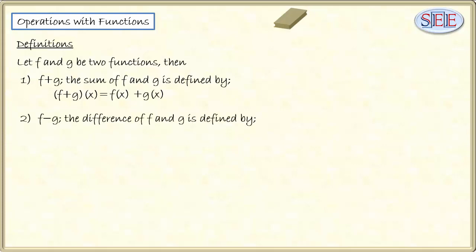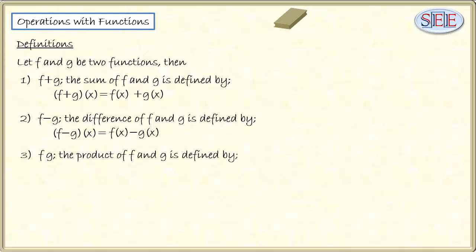Definition number two: f minus g, that is the difference of f and g, is defined by f minus g of x equals f of x minus g of x. And definition number three: fg, f times g, the product of f and g, is defined by f times g of x equals f of x multiplied by g of x.